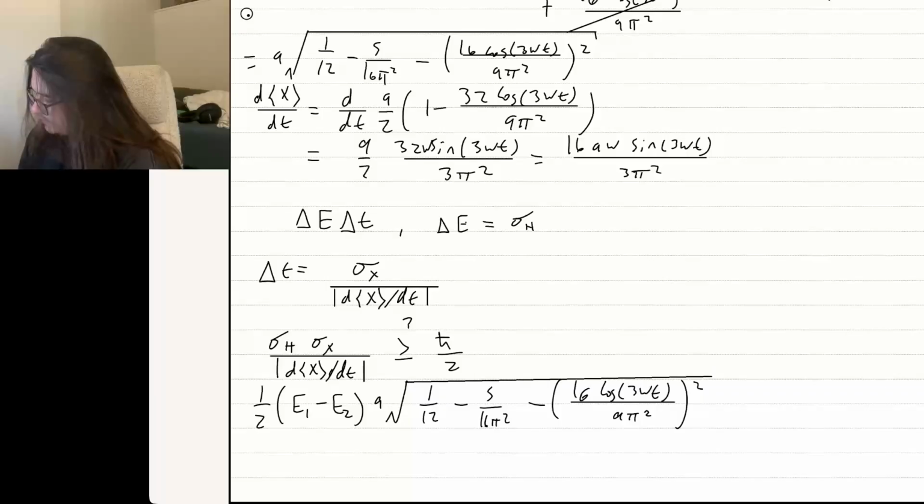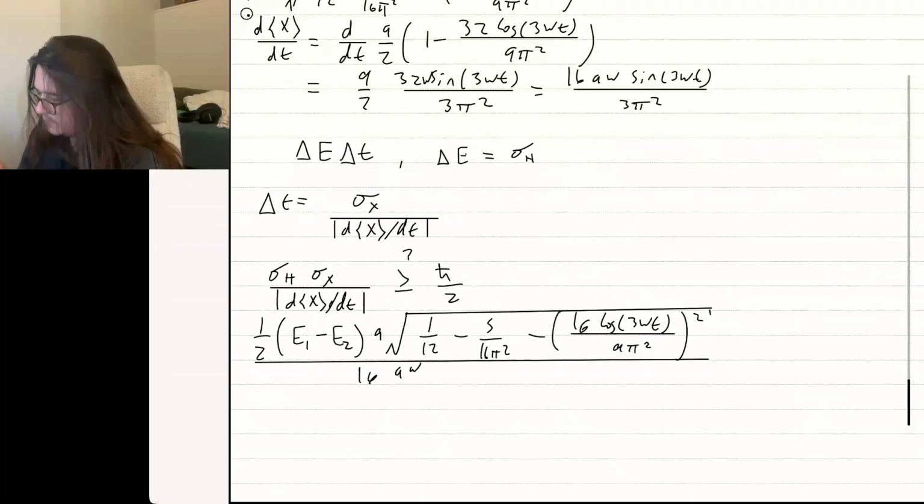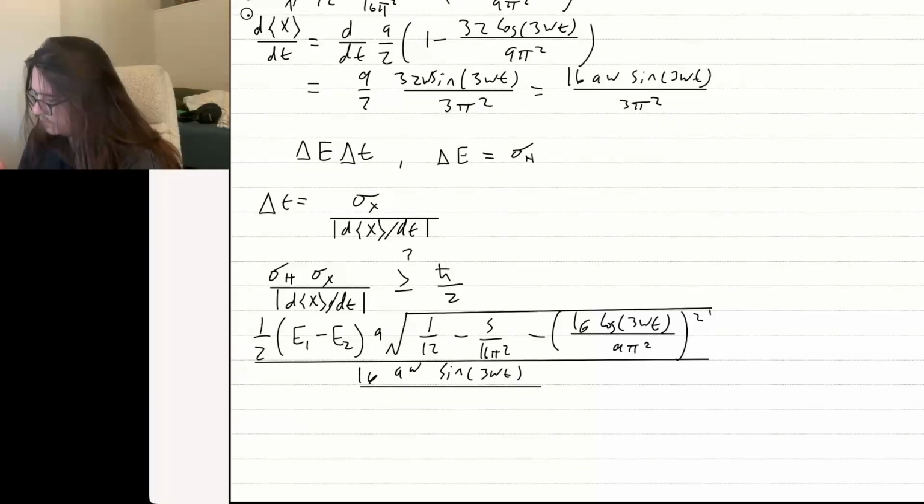And for dx by dt, we got 16 a omega sine 3 omega t over 3 pi squared.